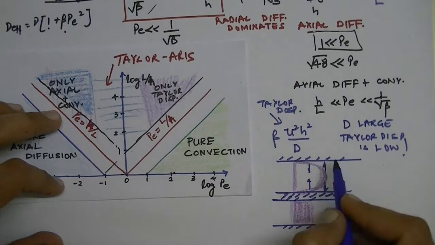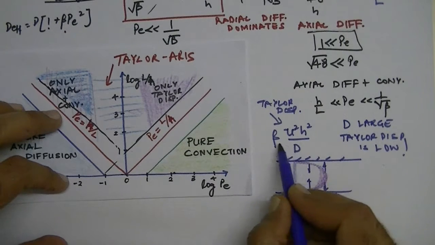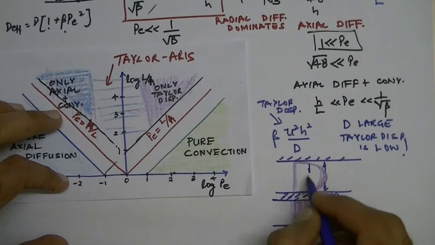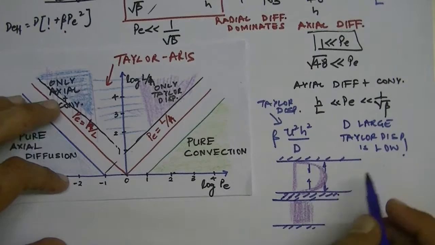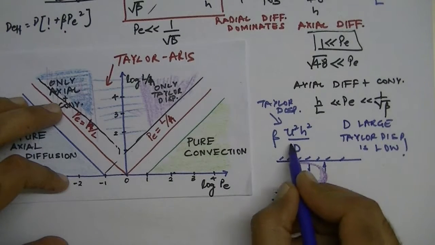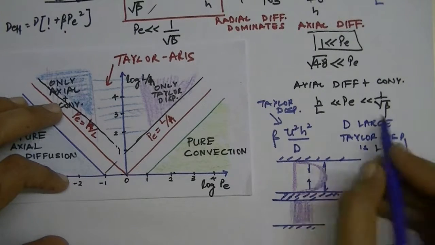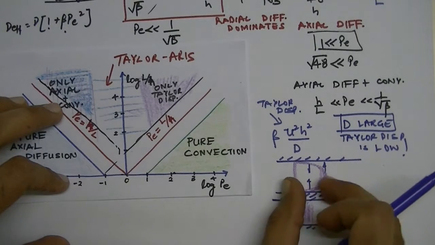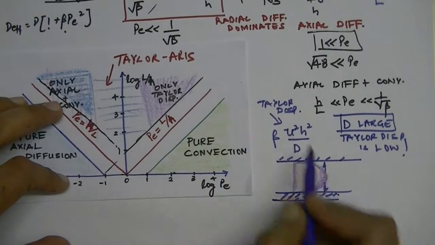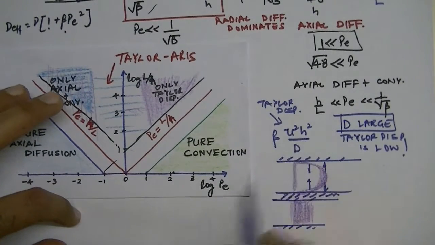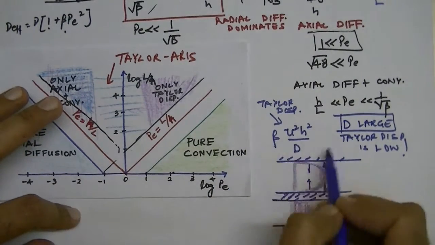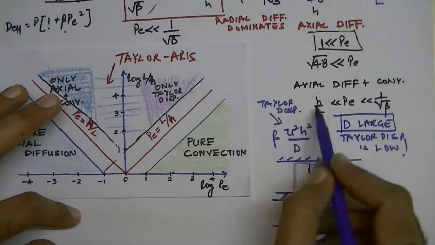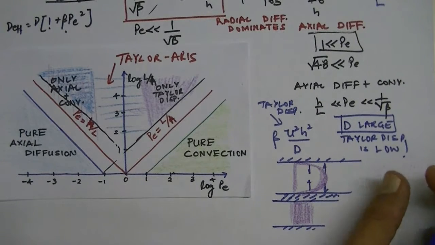So that means you will not have to wait for a longer time for these gradients in the vertical direction to diffuse out. Okay, so that means because you are getting faster diffusion for large diffusivity in the radial direction, this band thickness will actually be smaller. So that's why you have this diffusivity in the denominator. So higher diffusivity would actually mean you have smaller Taylor dispersion.